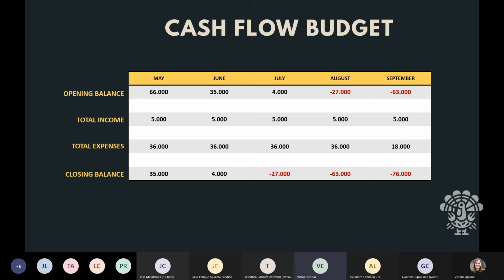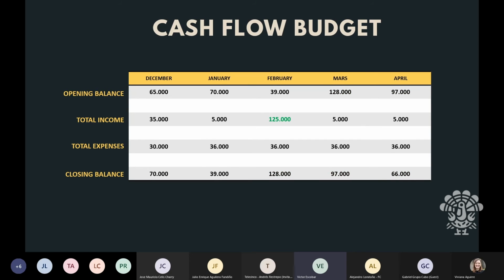But if they show this cash flow to an investor, or the financial statement, they will show a company that is not receiving a lot of projects. They based the whole project on the previous one that was 125, but they are not getting any more income.